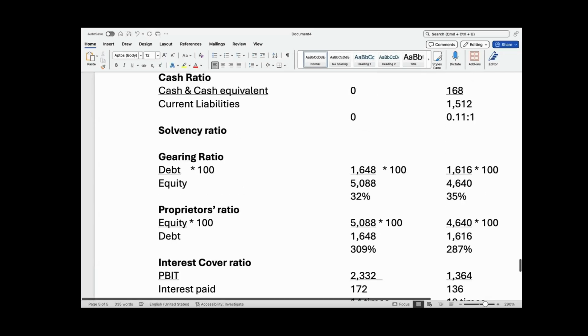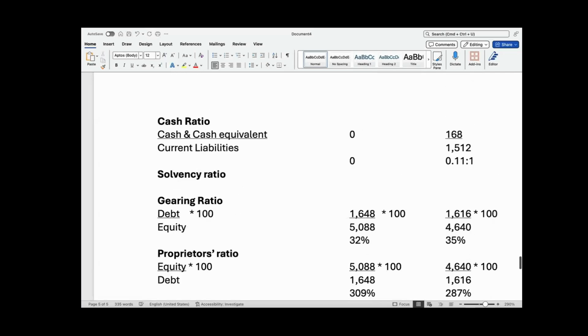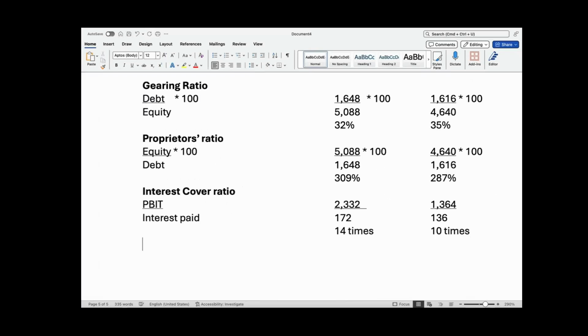So you have done three. You can do one more if you want to. Let me do debt ratio for you. I know I've done four. I've done like 15 ratios. Who knows the formula for debt ratio?